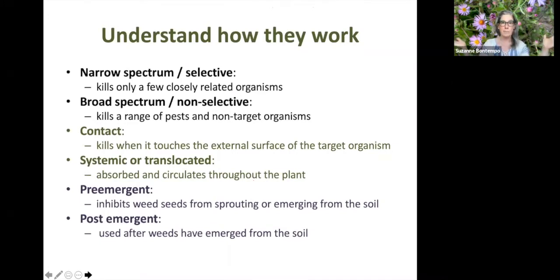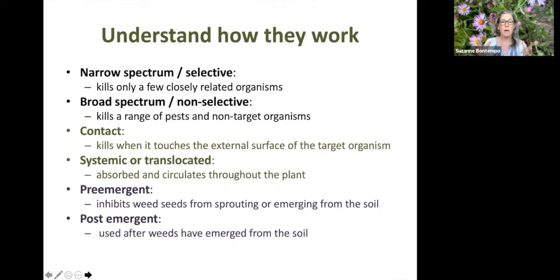Or a broad spectrum non-select, like we were just looking at. It's going to kill all types of grasses and weeds. It can kill anything it comes in contact with. So if it accidentally gets on your lettuces or your salvias, it's going to kill those too.